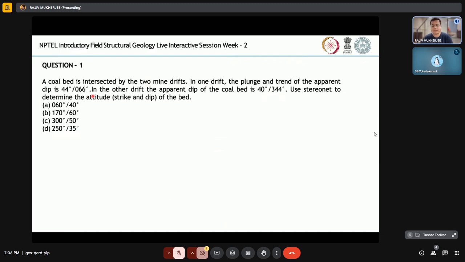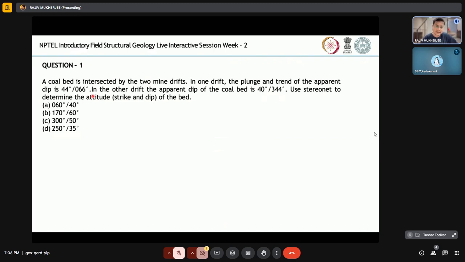Now, I'm not going to use stereonets per se. I will be drawing freehand, and from an overall educated guess will tell what will be the correct answer from these four options. That is how we will be solving some of the stereonet problems in today's discussion.